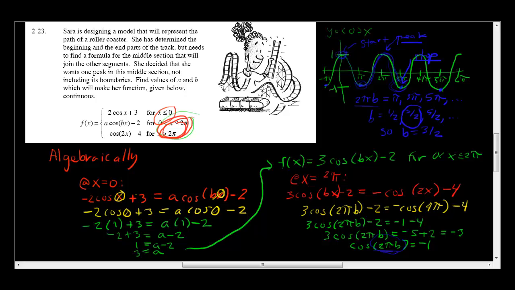So b is equal to 3/2, and in our conclusion we could box our answer right here. A we know is 3, b is 3/2 or 1.5, and that will give us exactly what Sarah wants, where these three functions flow continuously and there's one peak in the middle. Okay.